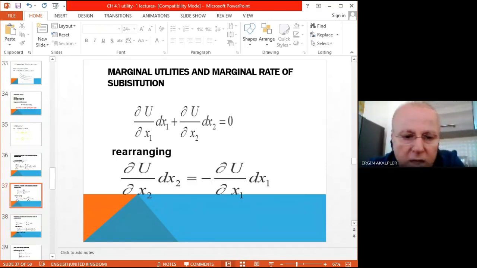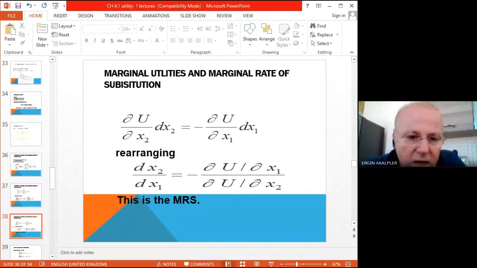When we move the delta u over delta x2 multiplied by delta x2 to the other side of the equation, we have delta u over delta x1 multiplied by delta x1 equal to minus delta u over delta x2 multiplied by delta x2, since the marginal utility is equal in this given scenario.